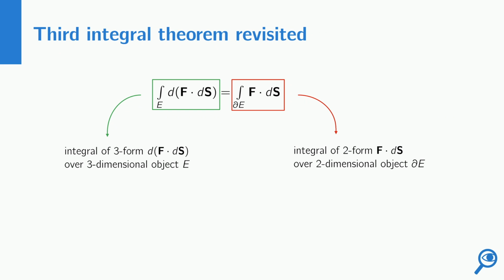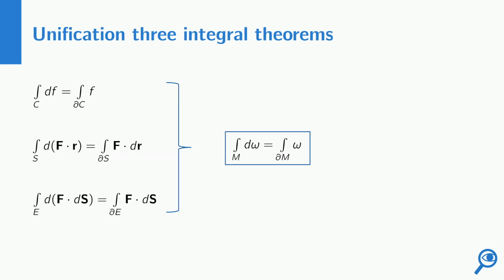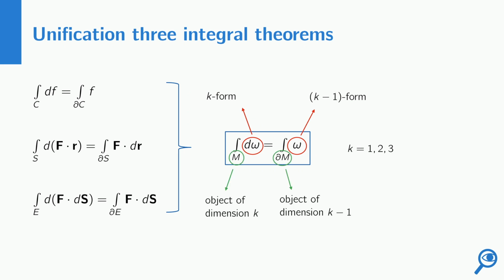So each of the three integral theorems has the format shown here, where ω is a (k-1)-form and dω, the exterior derivative of ω, is a k-form, while M is an object of dimension k, and ∂M, the boundary of M, is an object of dimension k-1.